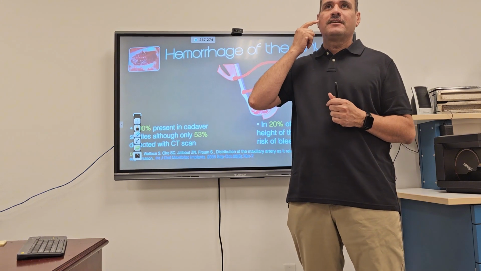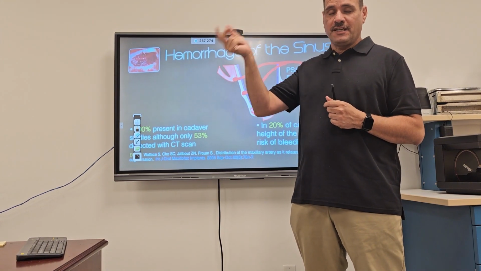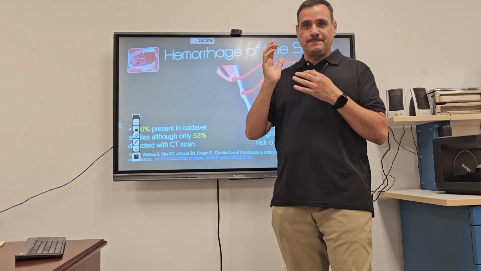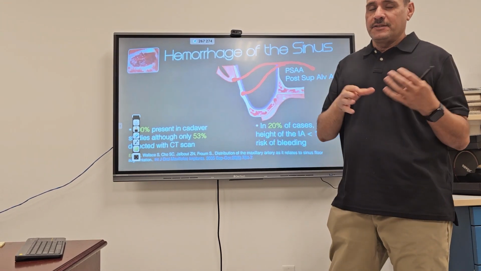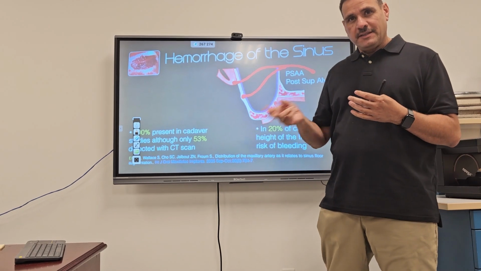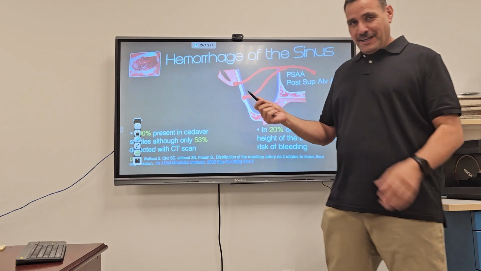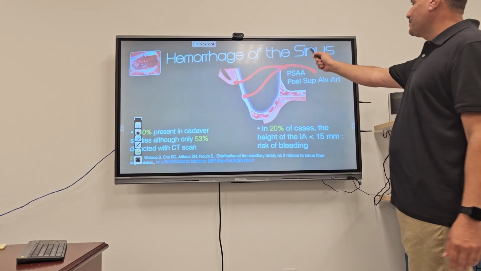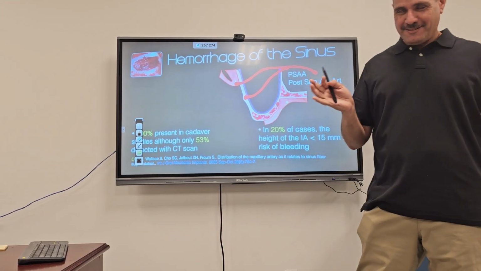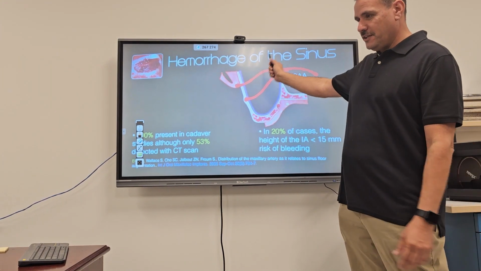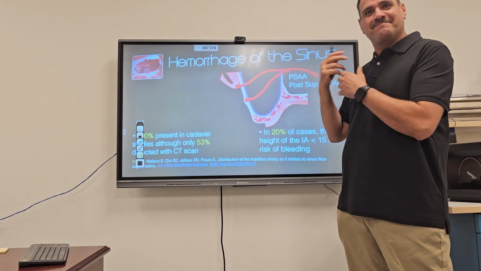Posterior superior goes to the 3rd molar, 2nd molar, and part of the 1st molar. The middle supplies part of the first molar and 2 premolars, and then the anterior supplies the anterior. It sounds long, but it's the nerve and the artery that supply the back teeth.